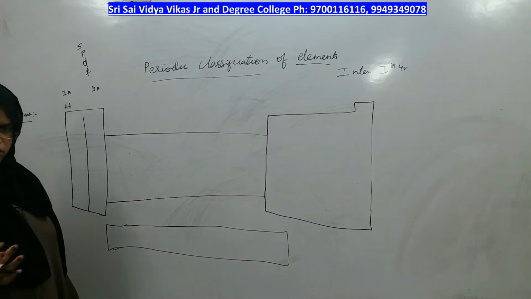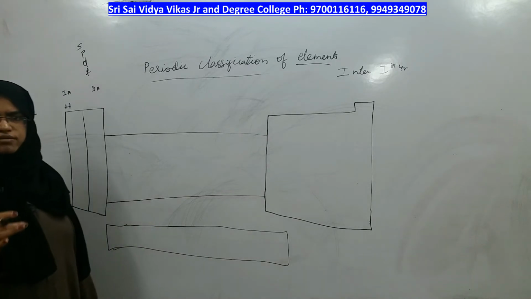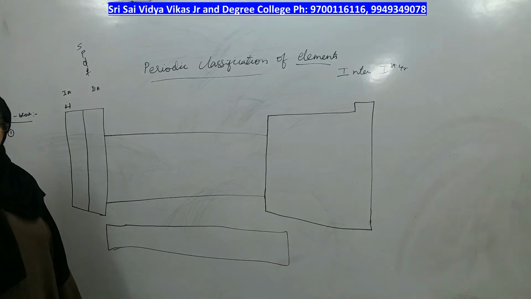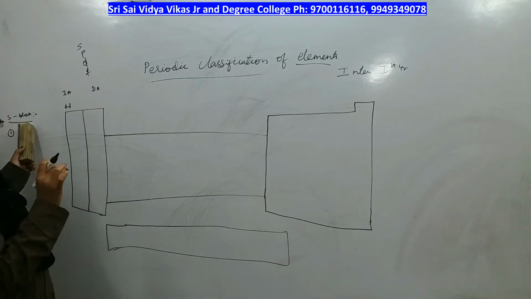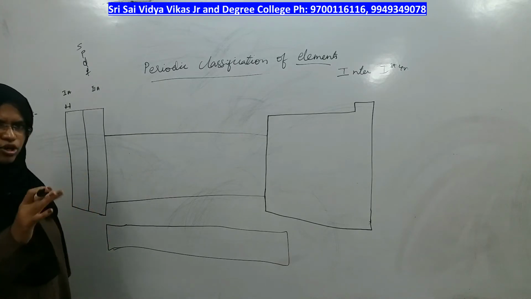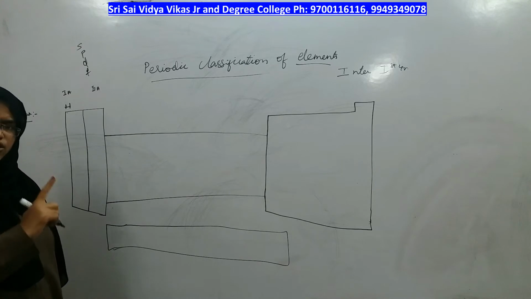When a question comes asking you to write about s, p, d and f block elements, after writing the heading of s block or any block, your first point should be why they are called s block.